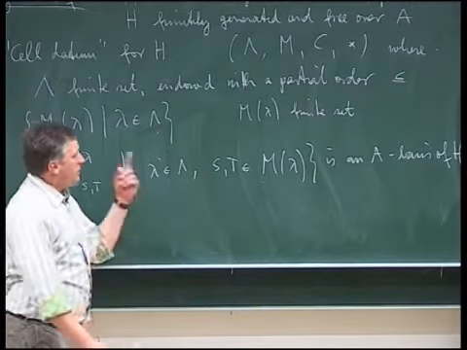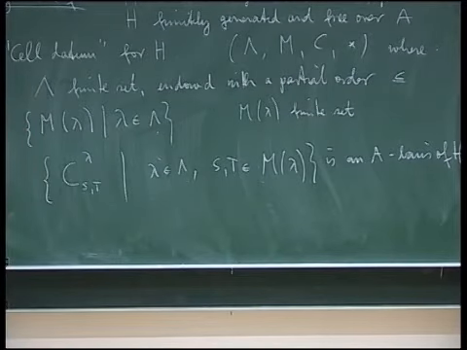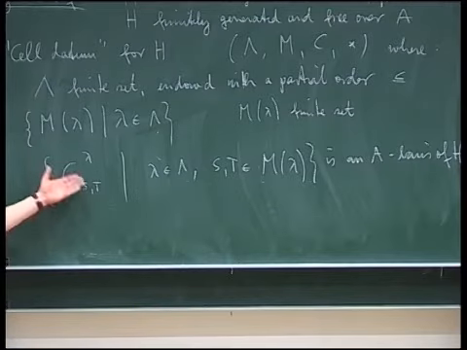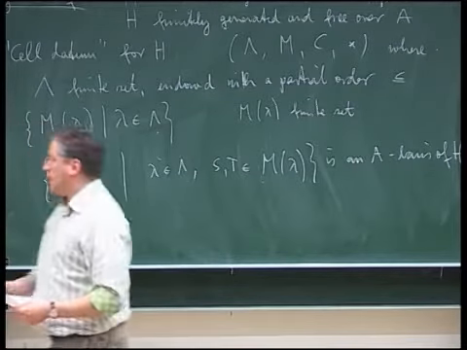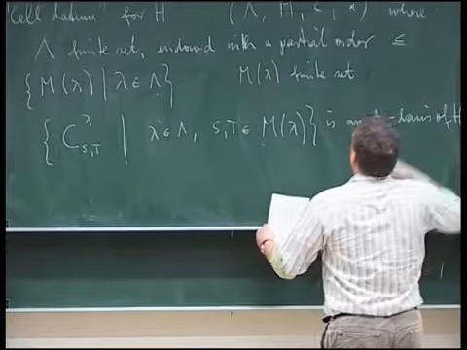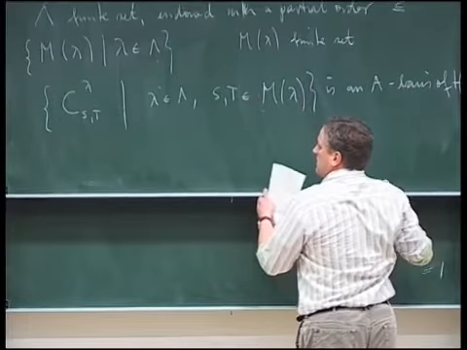And now the other axioms, the real axioms that impose some conditions, say something about how these basis elements multiply together. So the first thing is the star here.